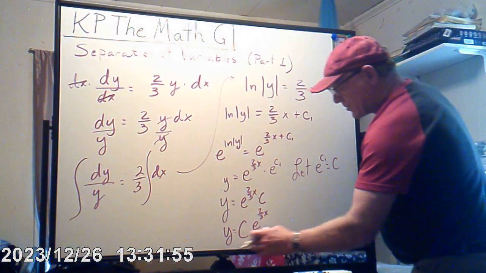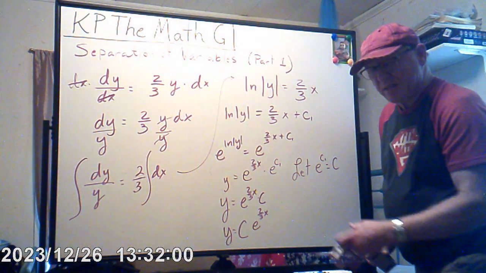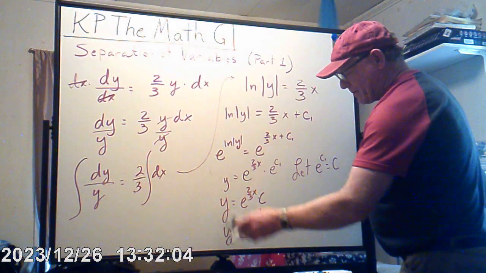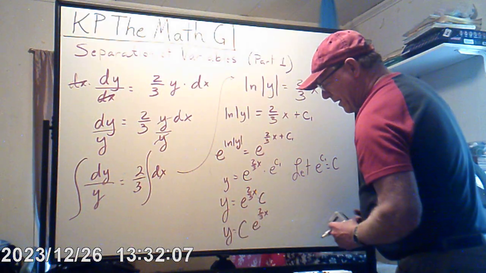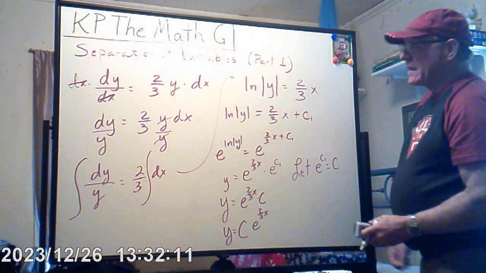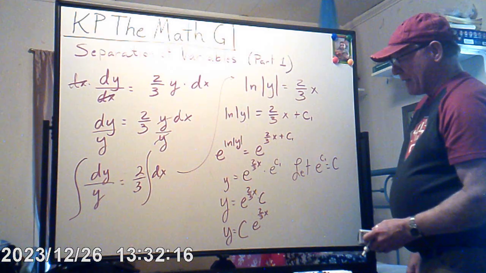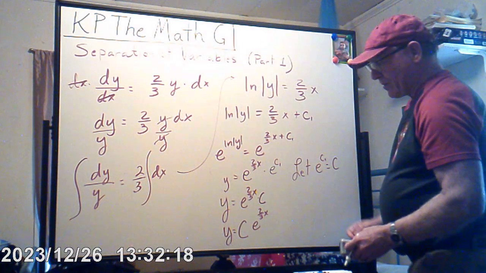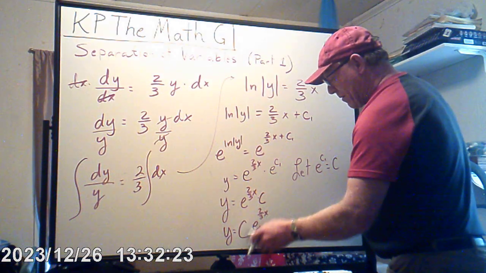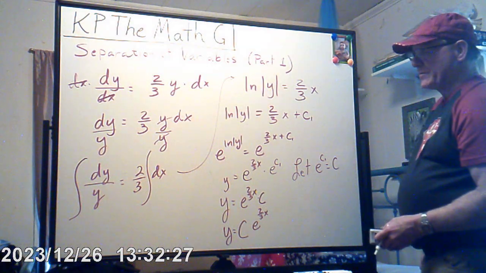A lot of this is written in the form of a growth or a decay type problem. Anyway, e to the 2/3 x right here. When we're trying to find a general solution, we'll know what c is. It's going to be a particular number.